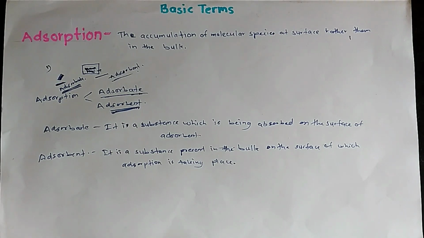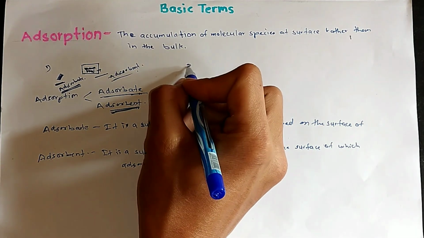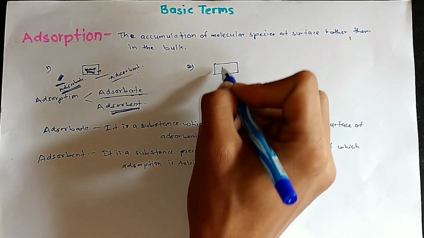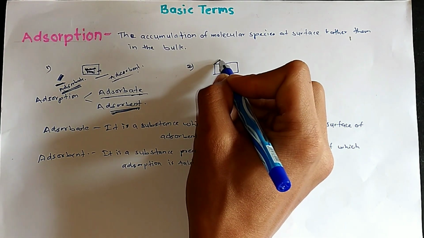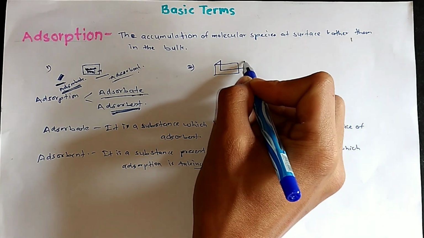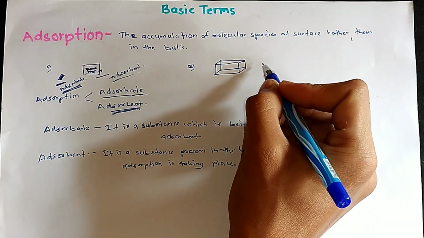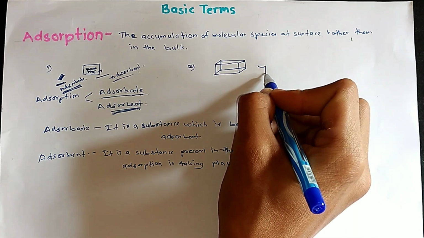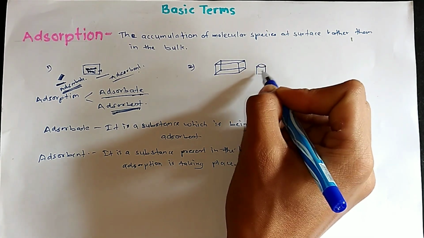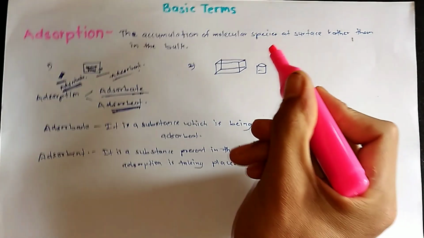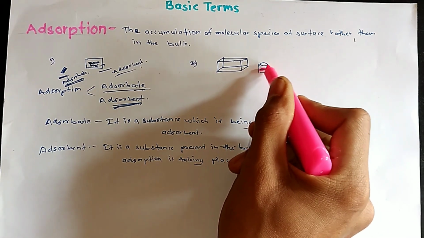The second example is a wooden block and red color solution.